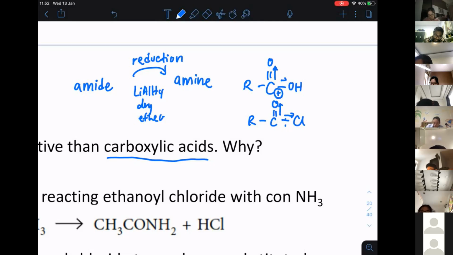If you have a positive charge, this one is called a carbocation. In other words, this positive charge likes to have bonding with negative. So is this an electrophile or a nucleophile? Jody, do you think the positive charge is an electrophile or a nucleophile?